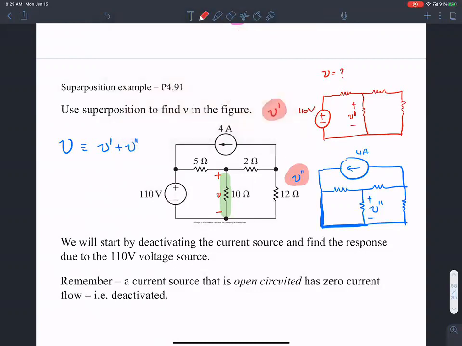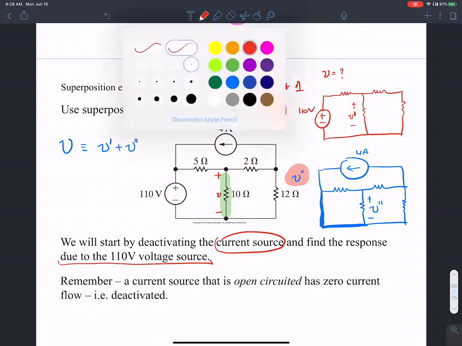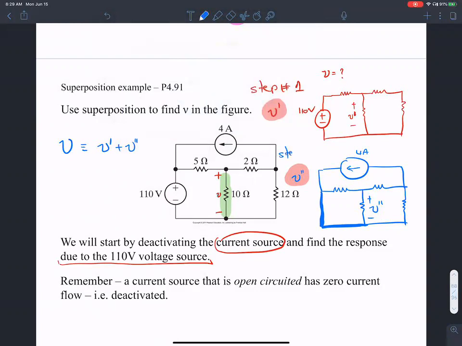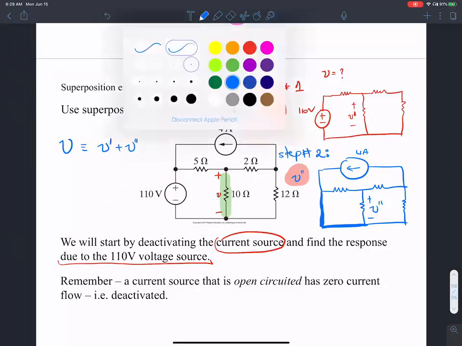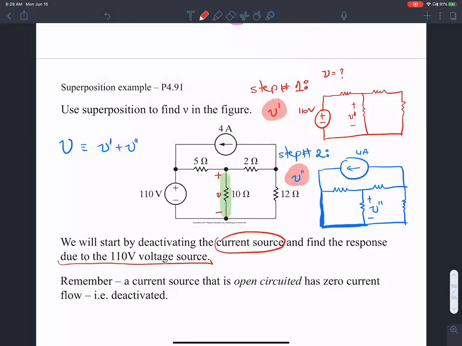So we will start by deactivating the current source, to find the response due to the 110 volt source. So that's the first step. And the second step would be to calculate the value of V double prime.